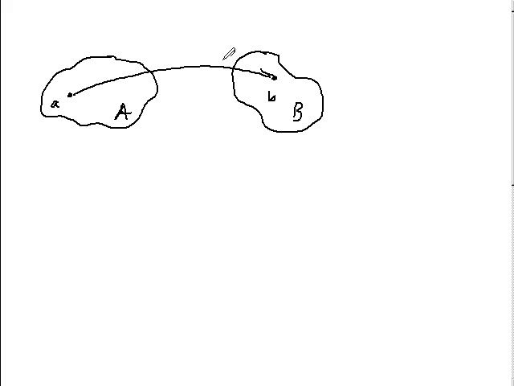And we write, of course, that b is a function f of a. So f is just a rule that associates members of two sets.